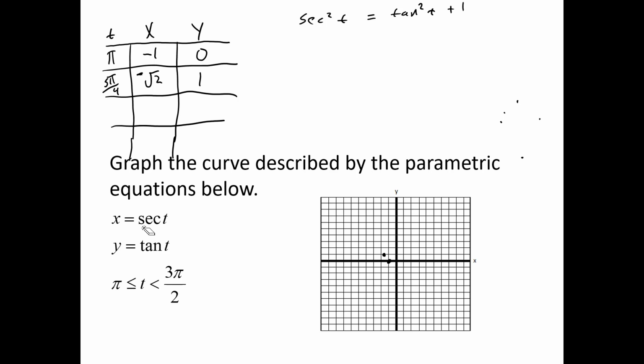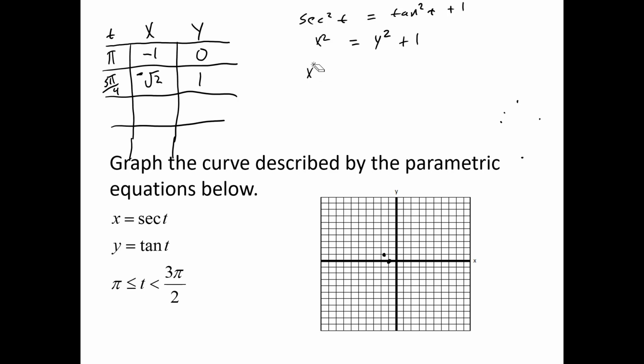Okay, so then if we square, the secant of t is x, so the secant squared of t is x squared. The tangent squared of t can be replaced with y squared, and then plus 1.